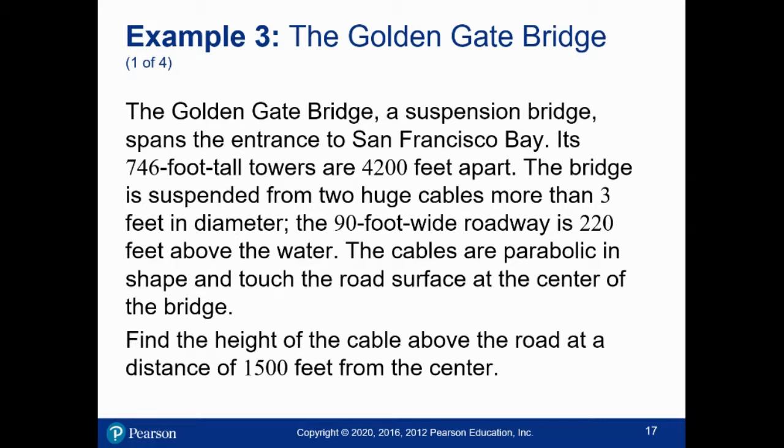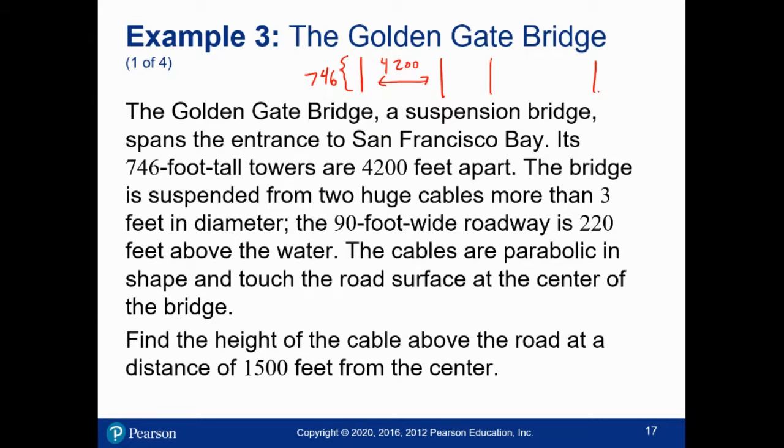There are 746-foot tall towers. They are 4,200 feet apart. So the first thing I draw is I have a tower and a tower. They are 746 feet tall. Okay, and the distance between them is 4,200 feet.